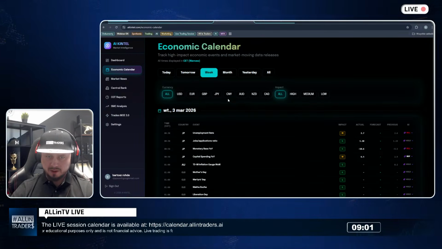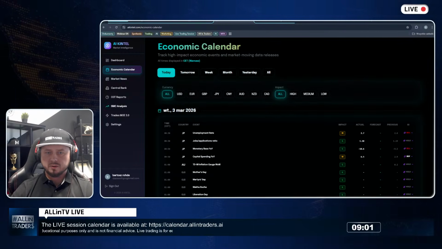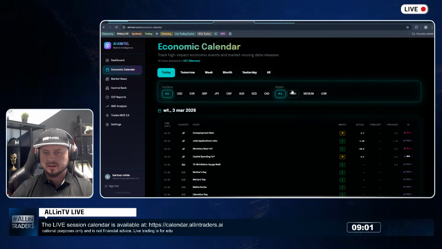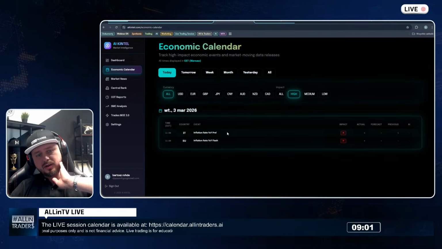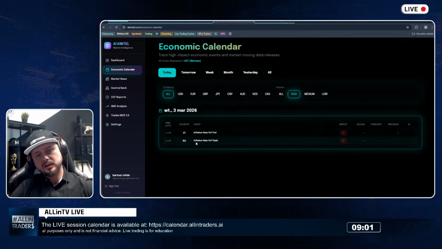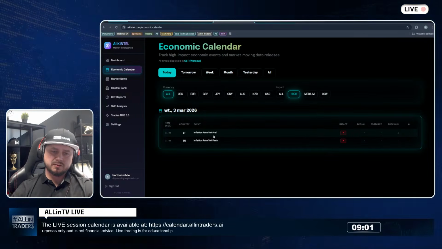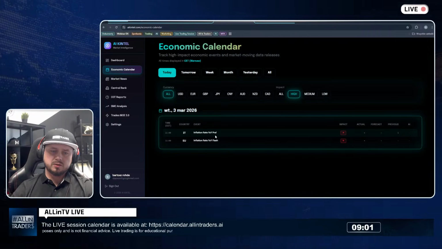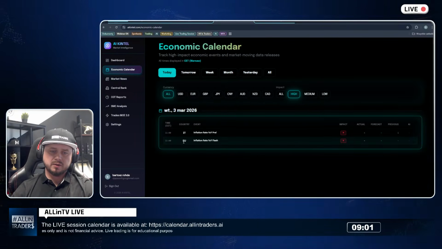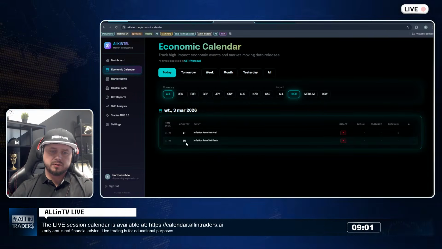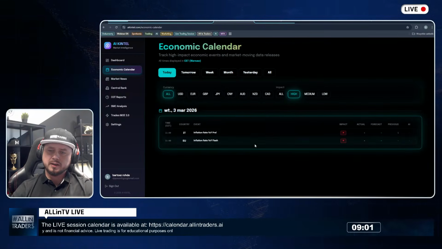Let's check the macroeconomic calendar. We are looking at the current day. Currency, we want to check all of the currencies, and impact, we want to check high. High impact news, we got some news from Italy, inflation rate, but it doesn't matter for us, okay? It should not affect euro or anything like that. And we got some inflation rate from Eurozone, but I'm not expecting any more activity.